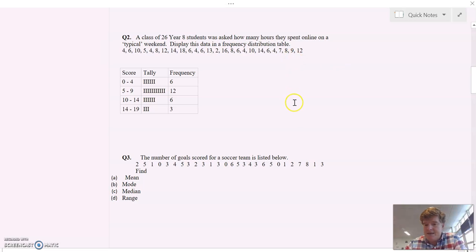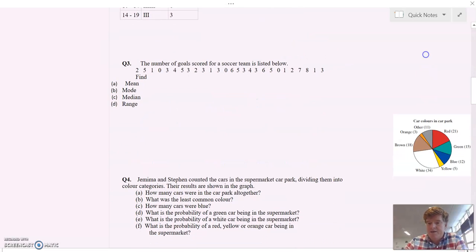Now we come to these calculations of mean, median, and mode. When we're calculating the mean, it is the sum of the data divided by the number of data. Okay, so I've got my calculator here.